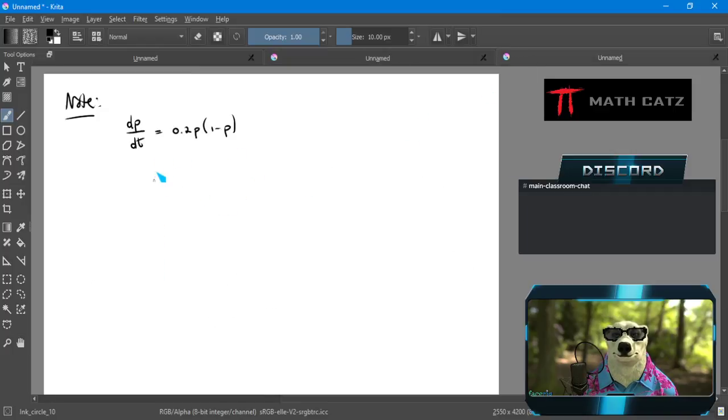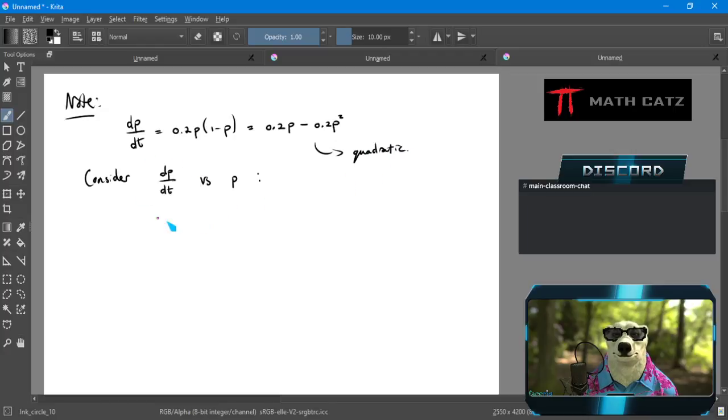Instead of solving for p, finding my function that's a solution to this differential equation, I can consider what happens to the left-hand side versus the right-hand side. If I simplify the right-hand side to 0.2p minus 0.2p squared, I see that the right-hand side is quadratic.